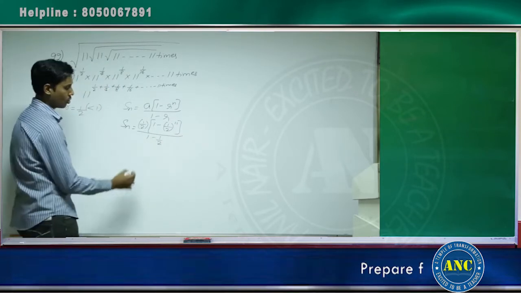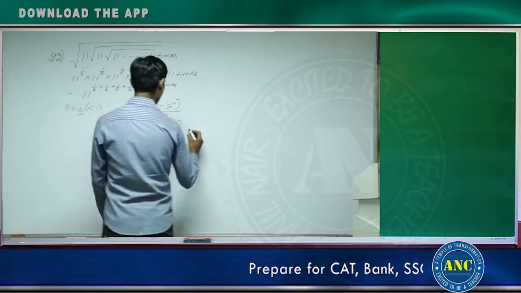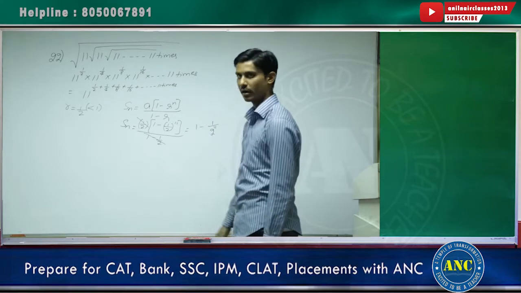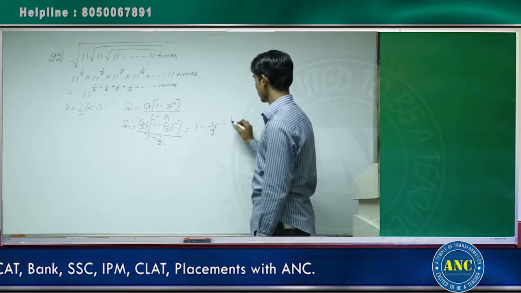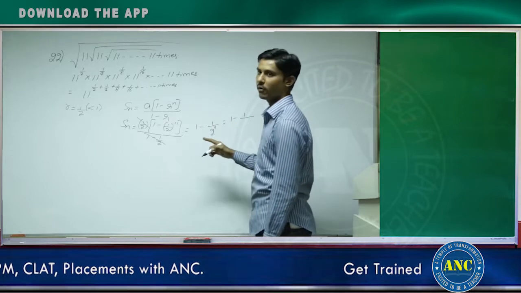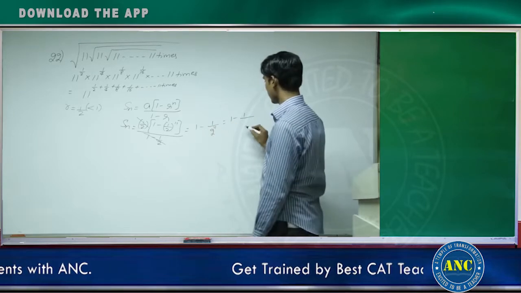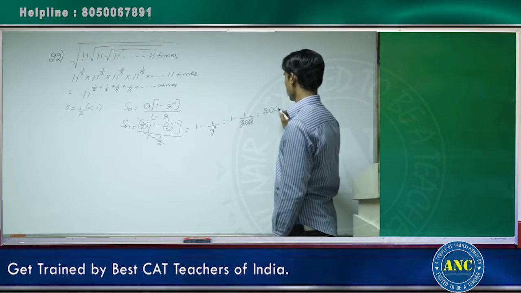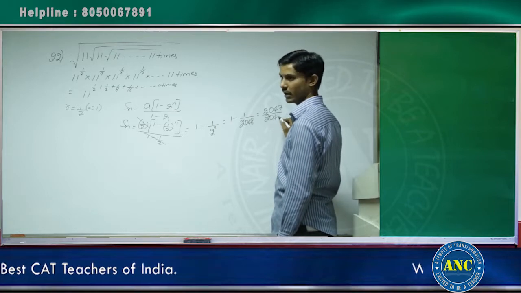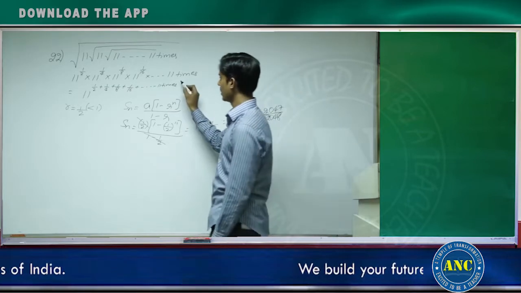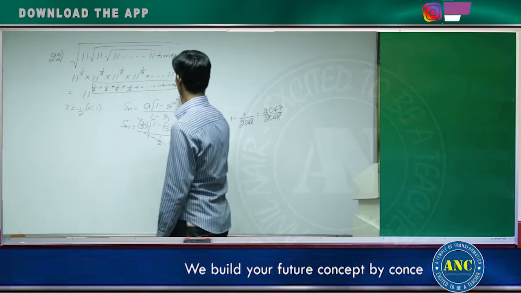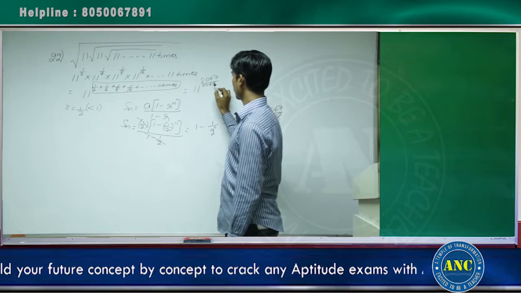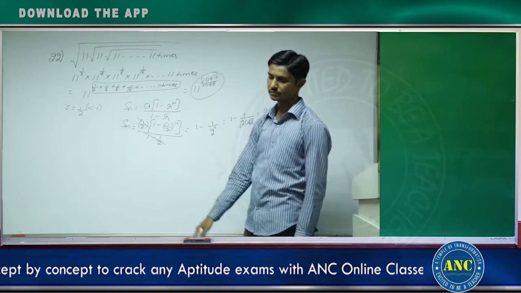The 1 by 2 will cancel, so we are left with 1 minus 1 by 2 power 11, or 1 by 2 power 11. 2 power 10 is 1024, 2 power 11 is 2048. 1 minus 1 by 2048 is 2047 divided by 2048. That means this entire term is 2047 by 2048. Your answer is 11 power 2047 divided by 2048.